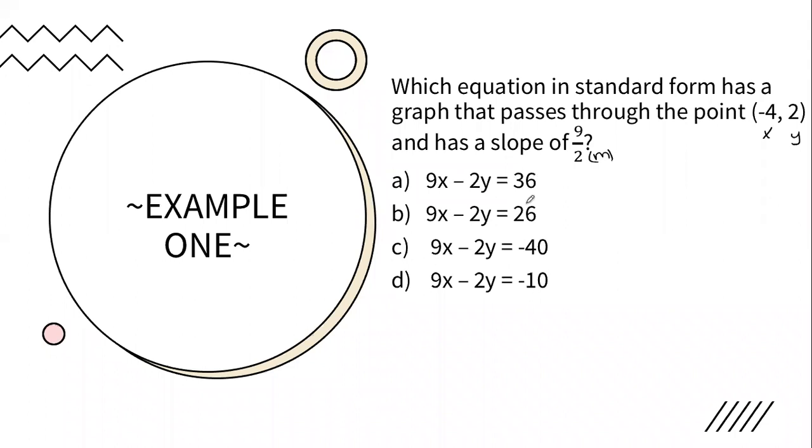The only thing that is different in A, B, C, and D is this C value. That's the only thing that's different. All of them say 9x minus 2y, but they're all different for this C value. Could I do something with this x and y in this equation to figure out the C value?